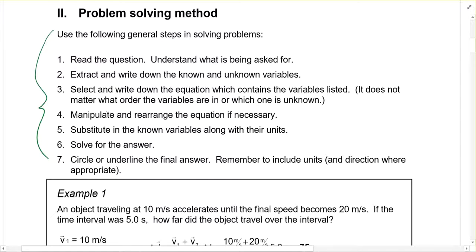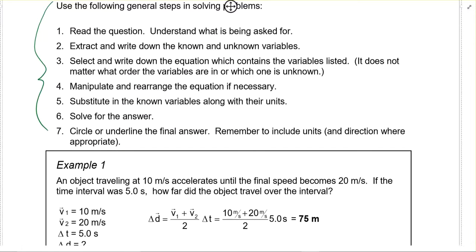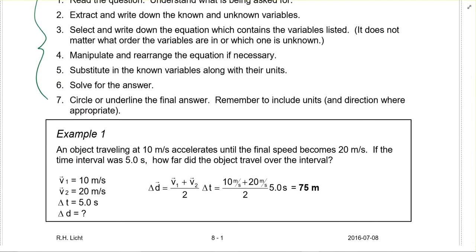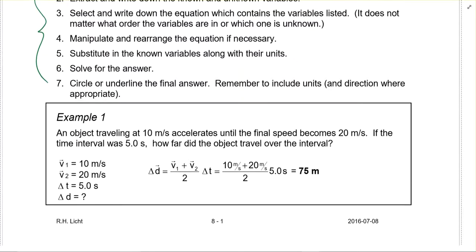It does not matter what order the variables are in or which one is unknown. I'll show you what I mean by that in a couple examples here. Manipulate and rearrange, like we did at the very beginning of this course with transposing formulas. Substitute in the known variables along with their units. Solve for the answer. Circle or underline the final answer. Remember to include units and direction if it's a vector that you're looking for.